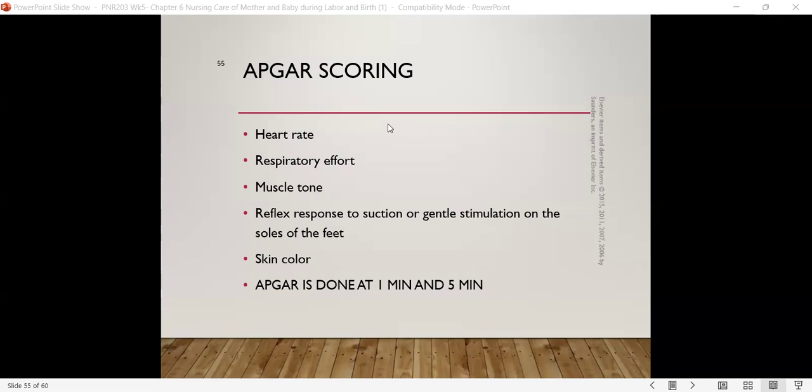That takes time, so maybe it takes longer to get blood flow to the hands and feet. Acrocyanosis should resolve itself within about 24 hours.